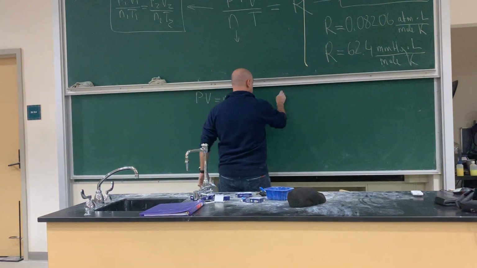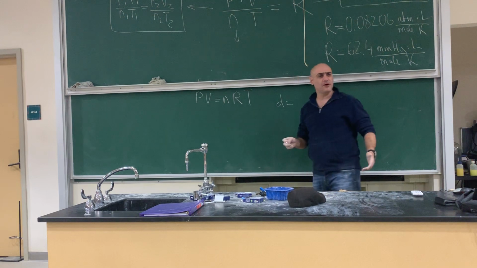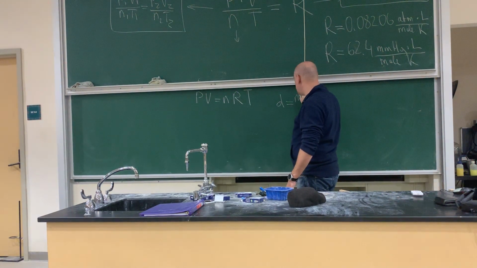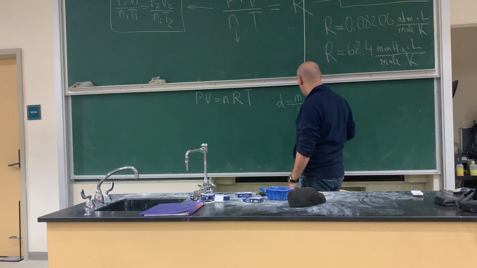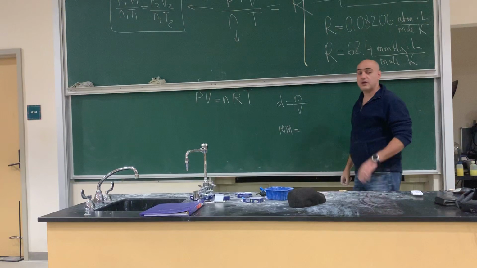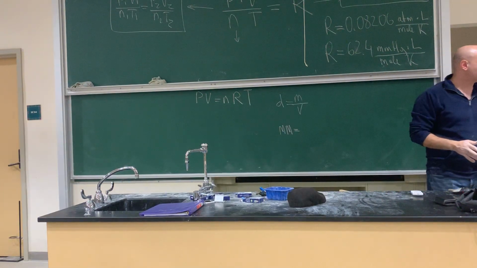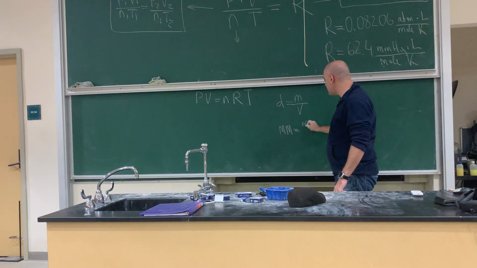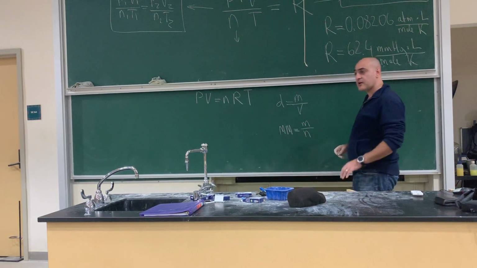But density, what was density, by the way? It's mass over volume. And what would you say about molar mass? How would I find molar mass, guys? Yes, we get it from a formula that's given to us, right? But molar mass could be also found if I take the mass and divide it by the moles associated with that mass.